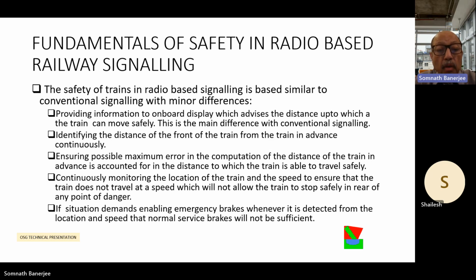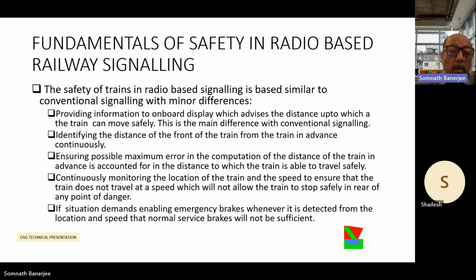Now, the safety of a train in radio-based signaling is very similar to conventional signaling with minor differences. There is information provided to the onboard display advising the driver about the distance that is safe enough for the train to travel, and this information is continuously available unlike a conventional signal.